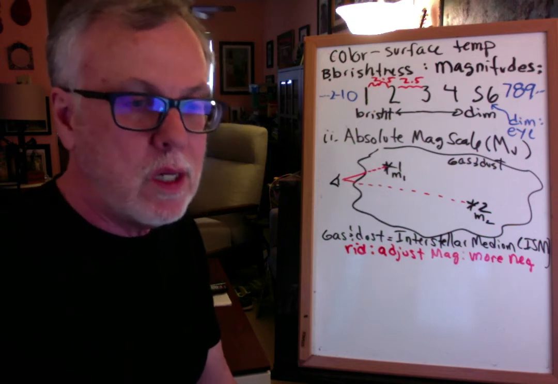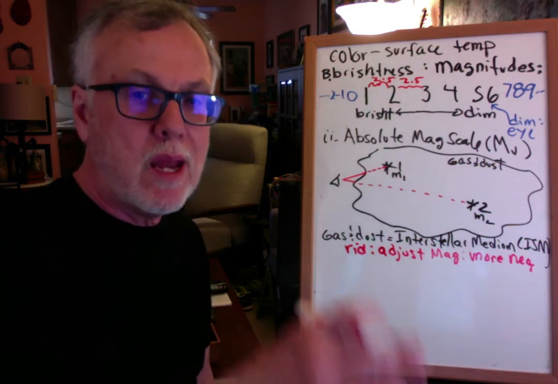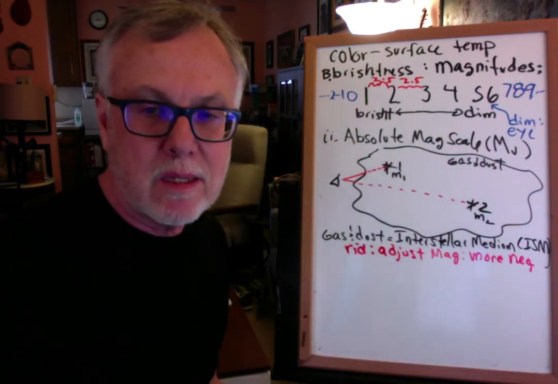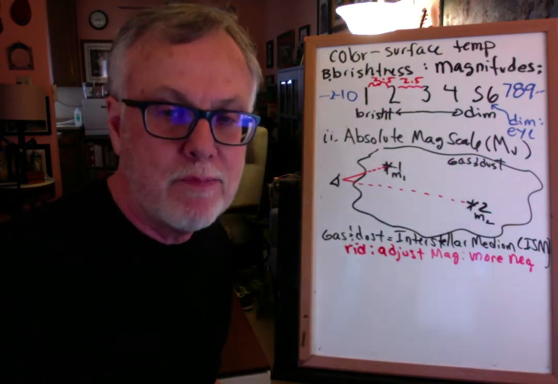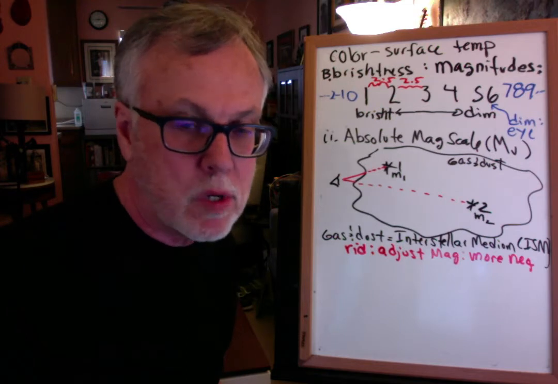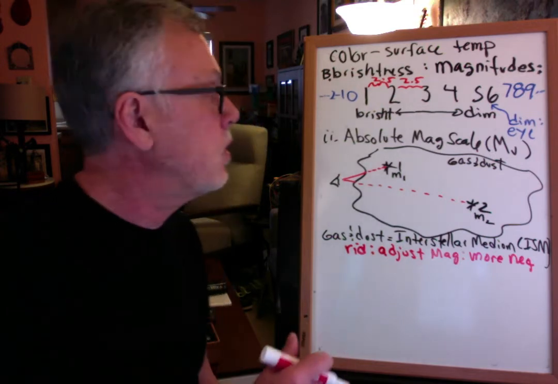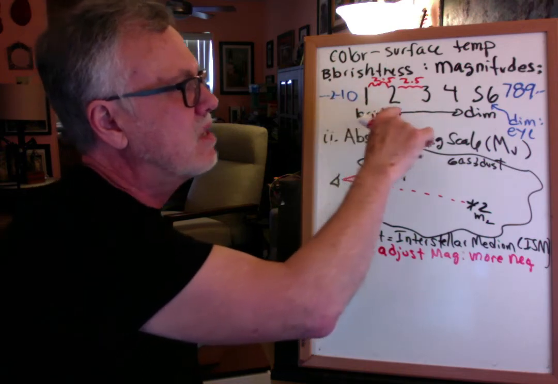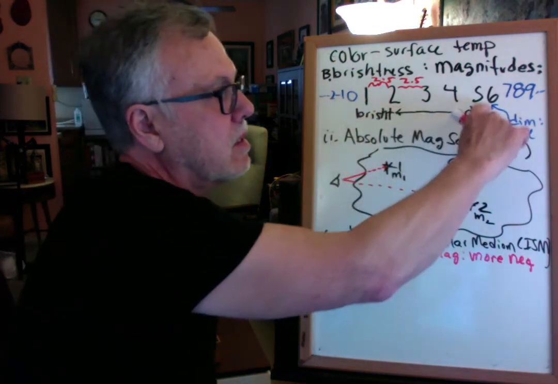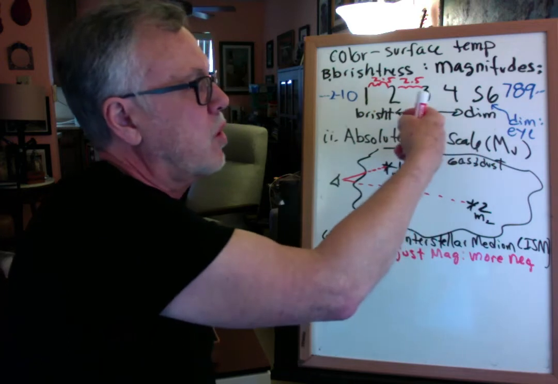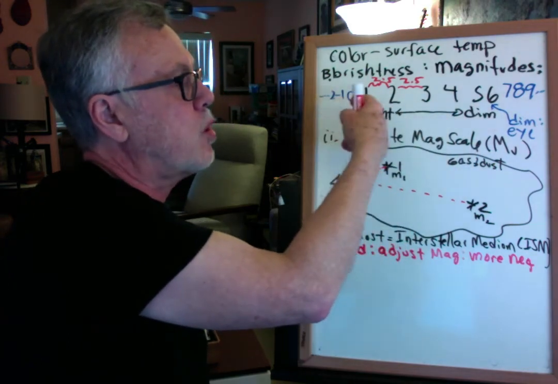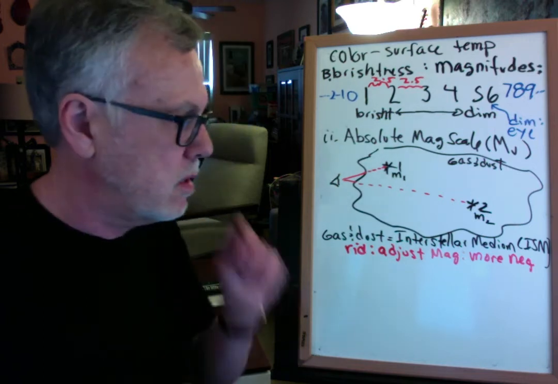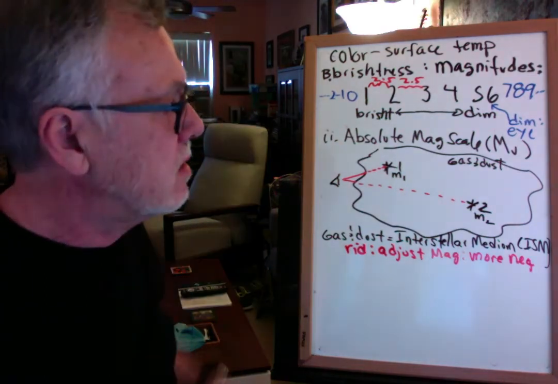And then we adjust the magnitudes more negative, because by getting rid of the gas and dust, the brightness of the star will be increased. And remember, with magnitude, the dimmer it is, it's a bigger number. To go brighter, it has to go toward the negative numbers. Do you see? I hope that's clear. So we get rid of the gas and dust now.